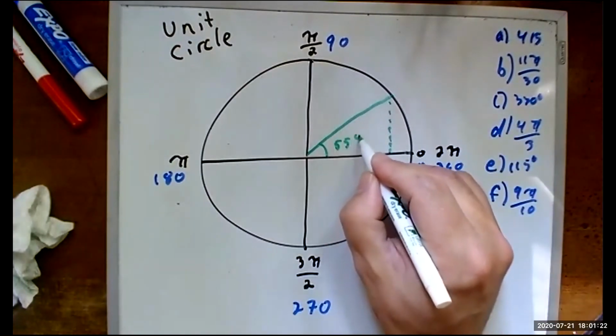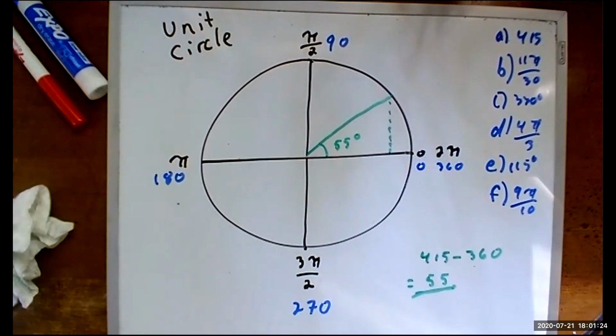That's our closest x-axis, so we can actually just take it as is. For 415, our reference angle is going to be 55 degrees, and we're in quadrant 1.